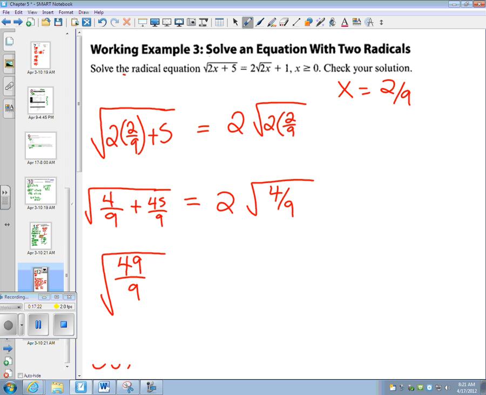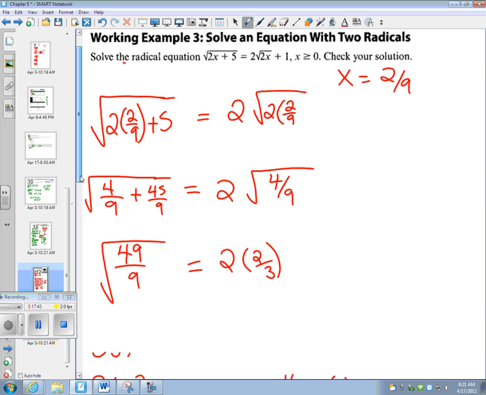The square root of 49/9, is that the same as 2 times the square root of 4/9? You square root the top and you square root the bottom. So that's 2 times 2/3, because the square root of 4 is 2. The square root of 9 is 3.